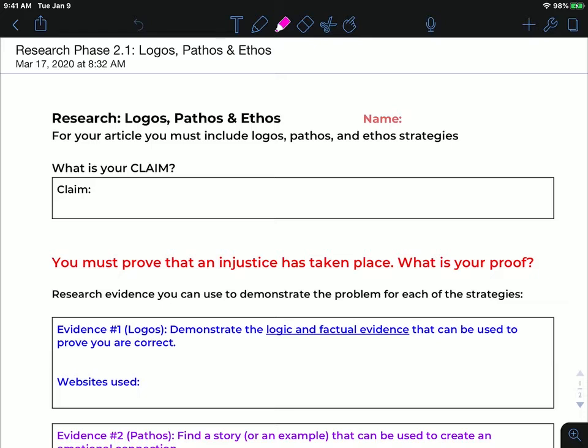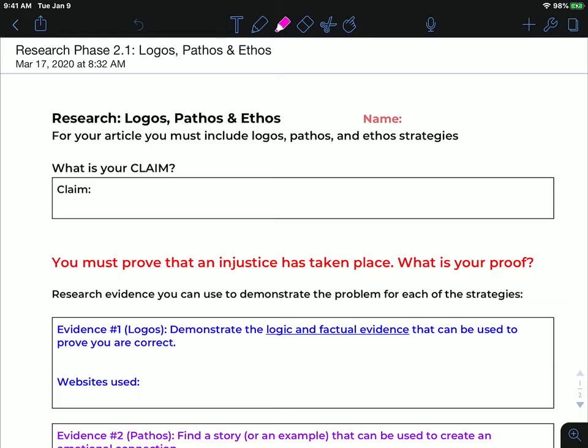All right. So yesterday, you guys were supposed to do some research, like the history, the present state, and the future of the issue that you guys are focusing on. Today, we're going to use the strategies that we worked on before you guys went home. The logos, pathos, and ethos strategies. So logos being the logical part of the argument, so facts, data, statistics.